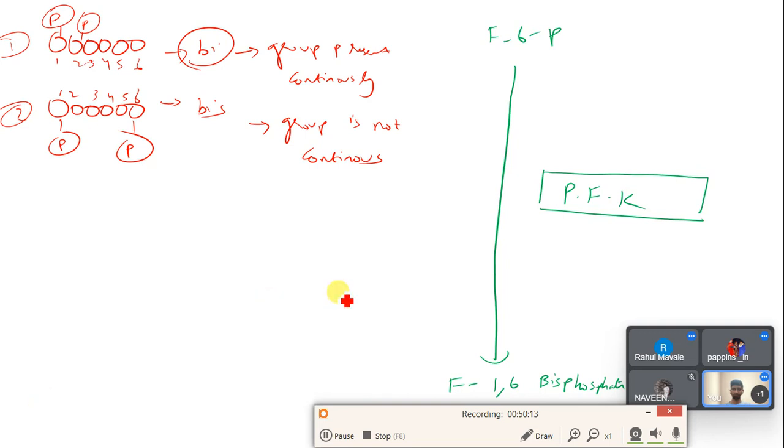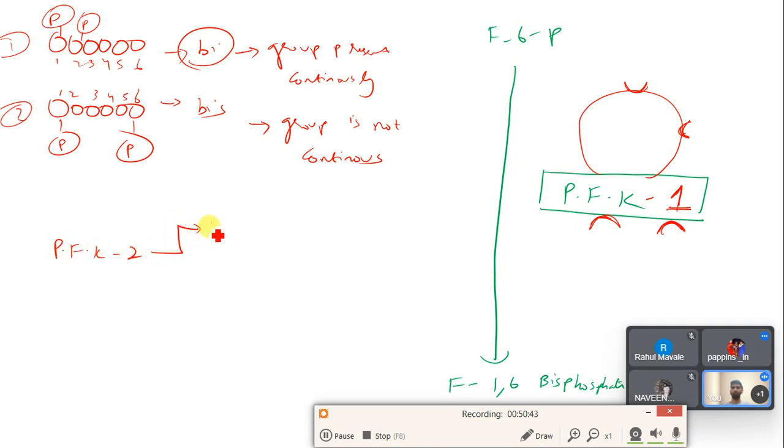PFK2. Do you think this is PFK2? Can anyone tell me the exact answer? This is PFK1. The one we talked about before was PFK2; never get confused.